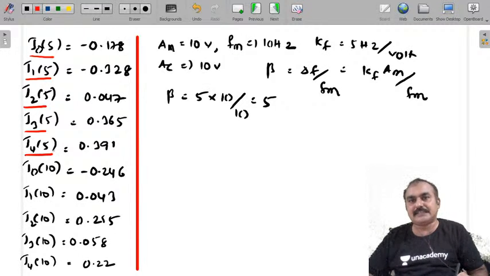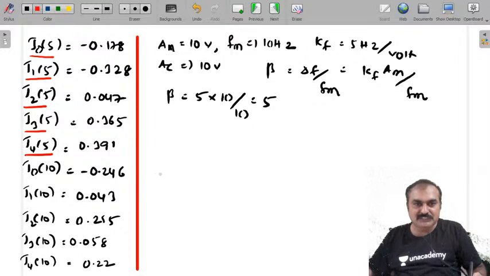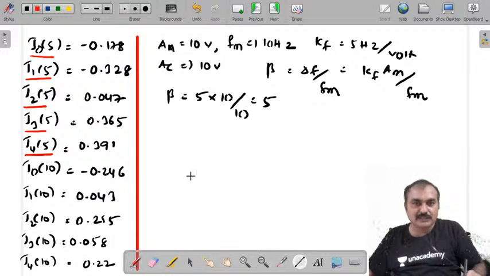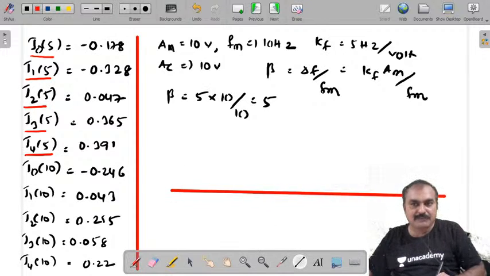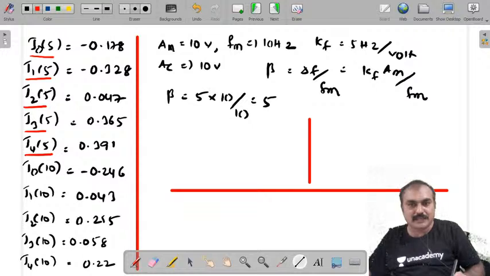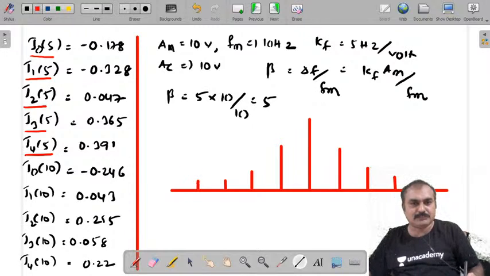Now he is asking only in the bandwidth of 80 hertz. So what are the spectral components we need to take? In the bandwidth of 80, take FC plus FM, FC plus 2FM, FC plus 3FM, FC plus 4FM, and similarly the minus FM components, the next one and the next one, my dear students.